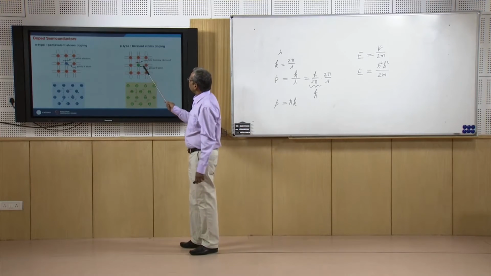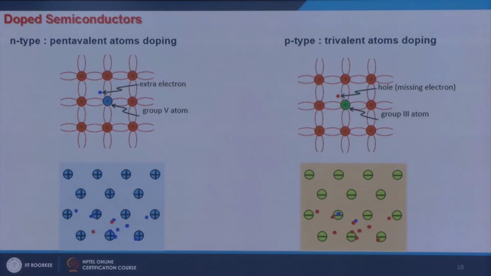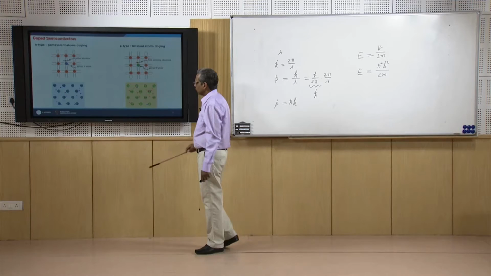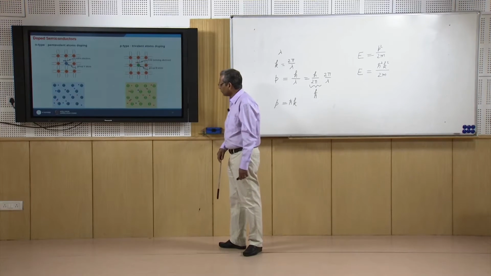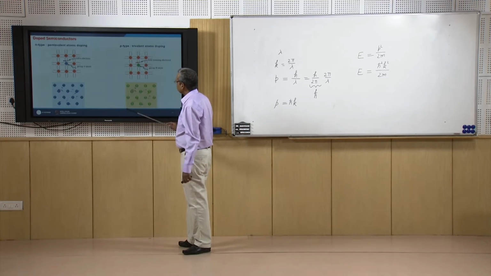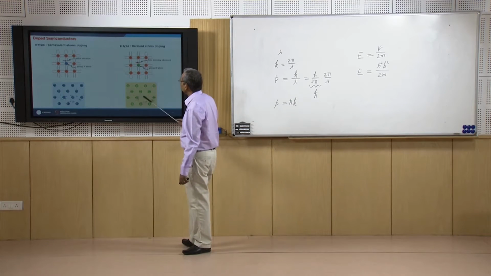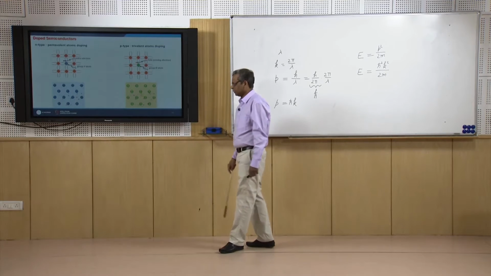This vacancy is a hole, a missing electron, which is equivalent to a positive charge. So, this can be thought of as a negative ion core with some positive charges whose charge is exactly the same as that of an electron. So, you have positive charge holes available here for conduction in the negative ion core. This kind of semiconductor material is known as p type semiconductor.